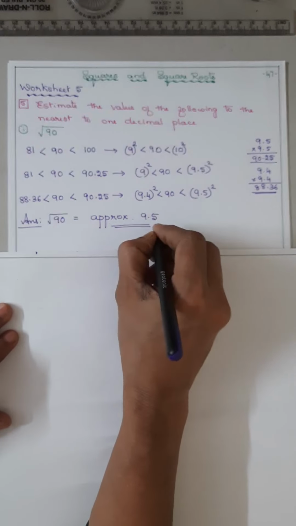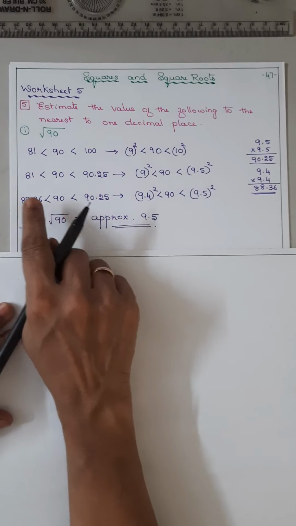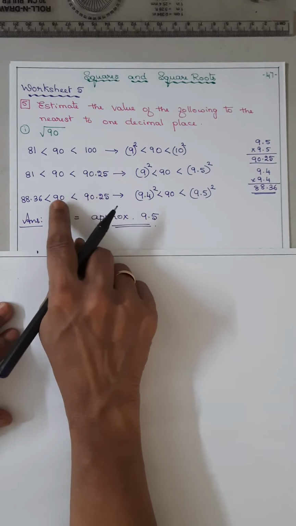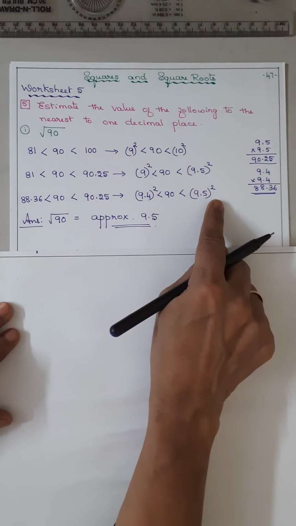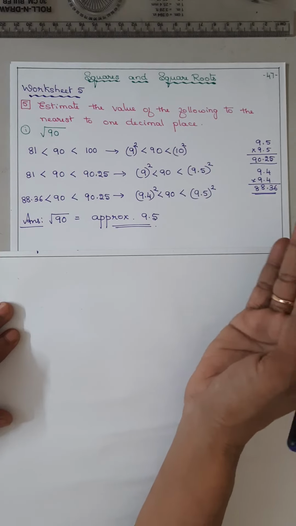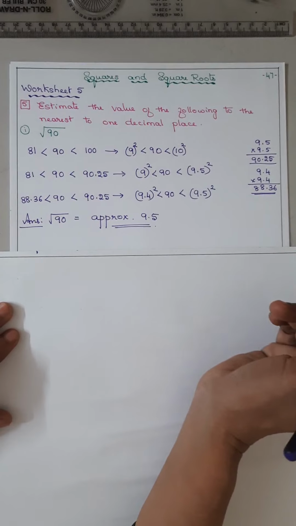So here we have to write approximate. So you just by looking at these numbers, you can find out 90.25 is near to 90. That is why write 9.5. Otherwise you have to do just as I discussed in the example, you have to find the difference and see.